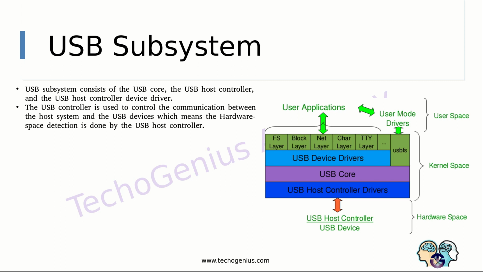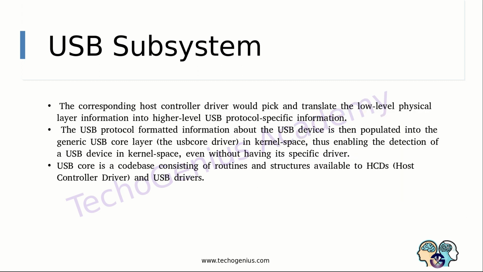You have the user application, where you will write the user mode driver, which interacts with the kernel space via USB FS. The kernel space USB device driver communicates with the USB host controller driver, which further talks to the USB device, which is at the low level in the hardware space.